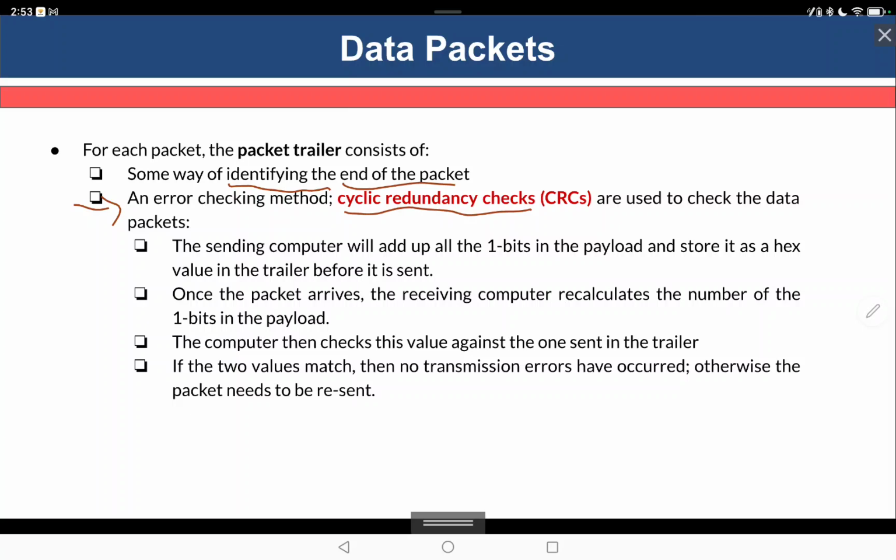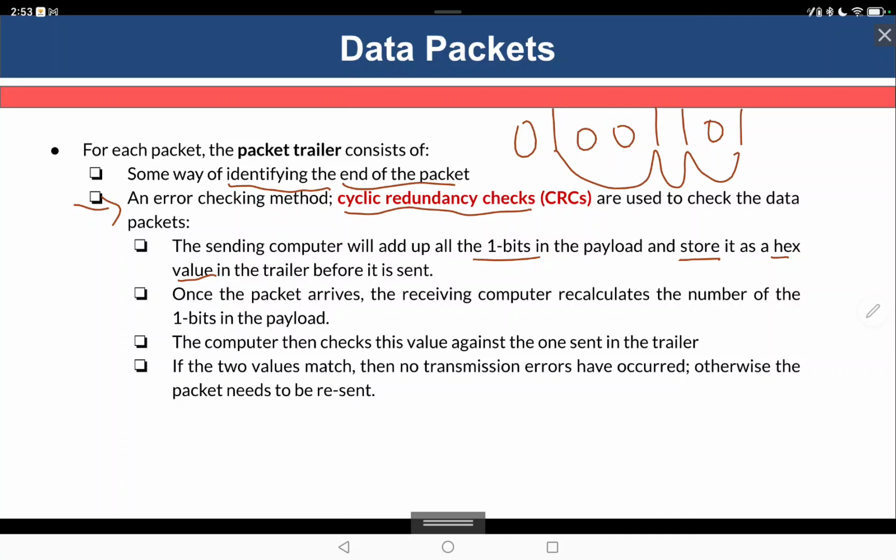And how does this error checking method work? The sending computer will add up all the 1 bits in the payload. Let's say data is this. So the sending computer will add up all the 1 bits in the data, and it will store it as an X value in the trailer before it is being sent.